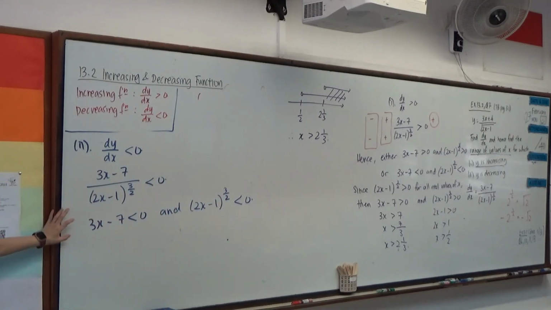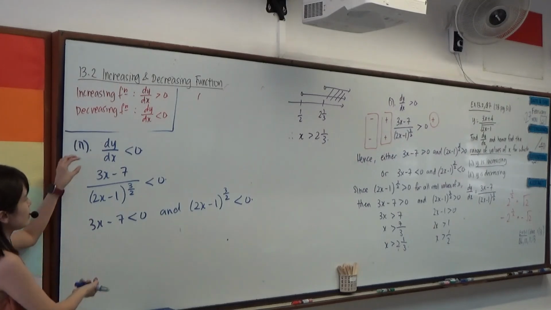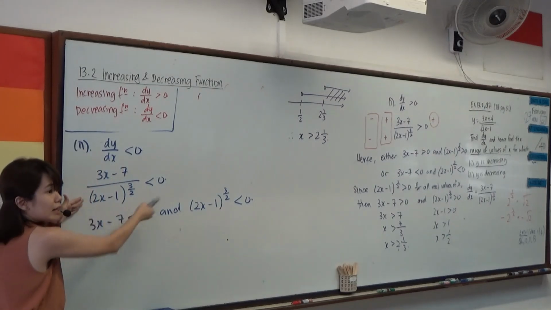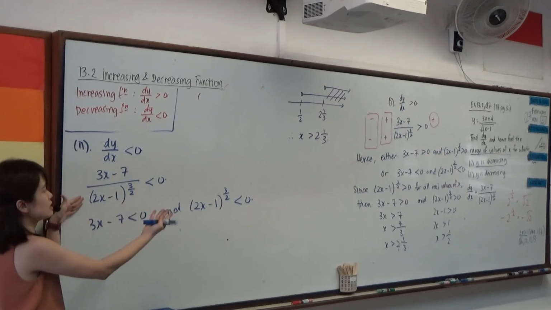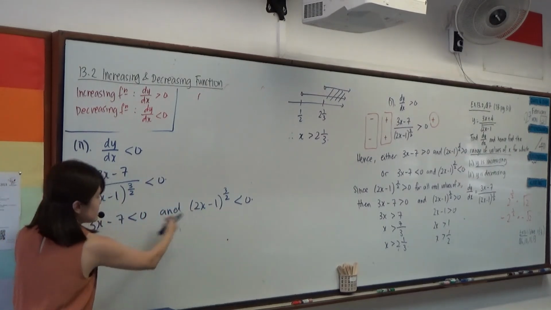It isn't. Jasper, I want your attention. If you give me the same kind of mistake in homework, it isn't logical. This step is not logical because if top is negative and bottom is negative, by right the whole fraction should be positive, right? Very good. So therefore we cannot be having this kind of case.